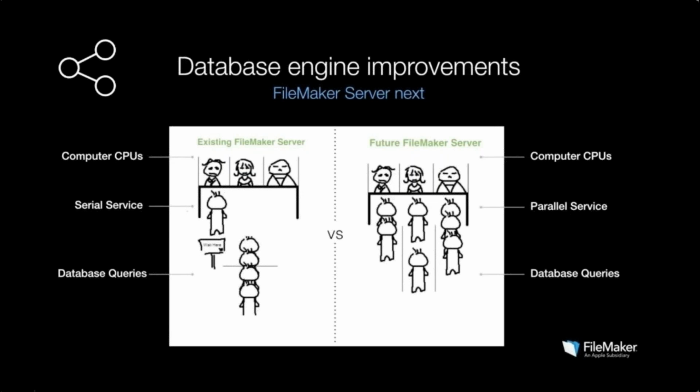So if you have a beefy server machine with a number of CPUs, we will optimally use those CPUs. There'll be parallel execution of queries, which should result in faster response time and less wait time. So that's a significant enhancement to the performance of FileMaker Server going forward. So that's in the next release.